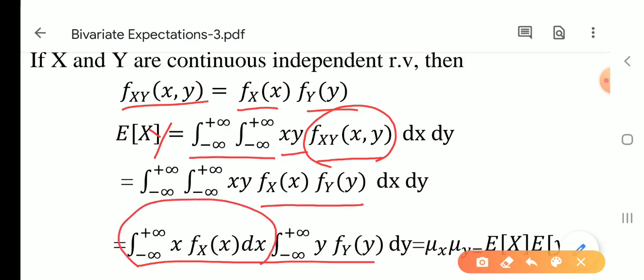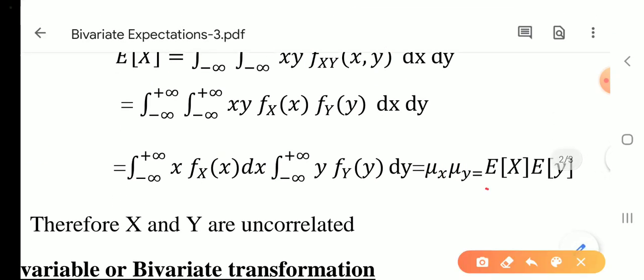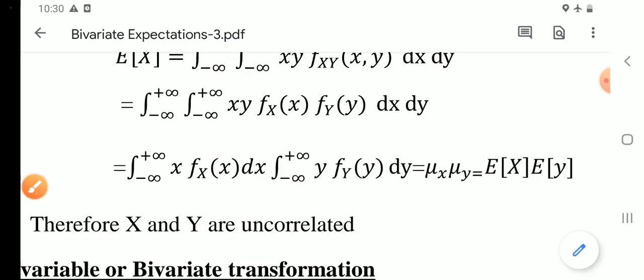So this is the formula for mu x and this is the formula for mu y. Mu x and mu y are nothing but E of X and E of Y. Hence we have shown that E of XY is equal to E of X into E of Y.